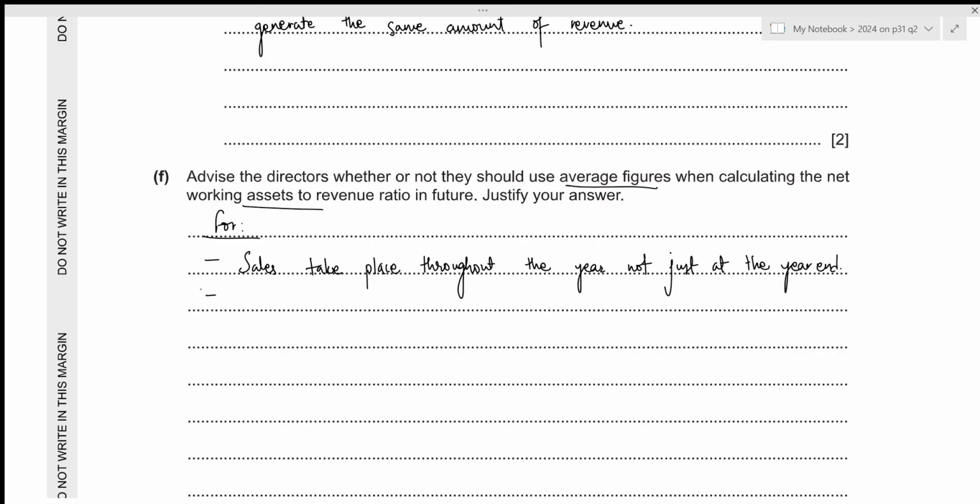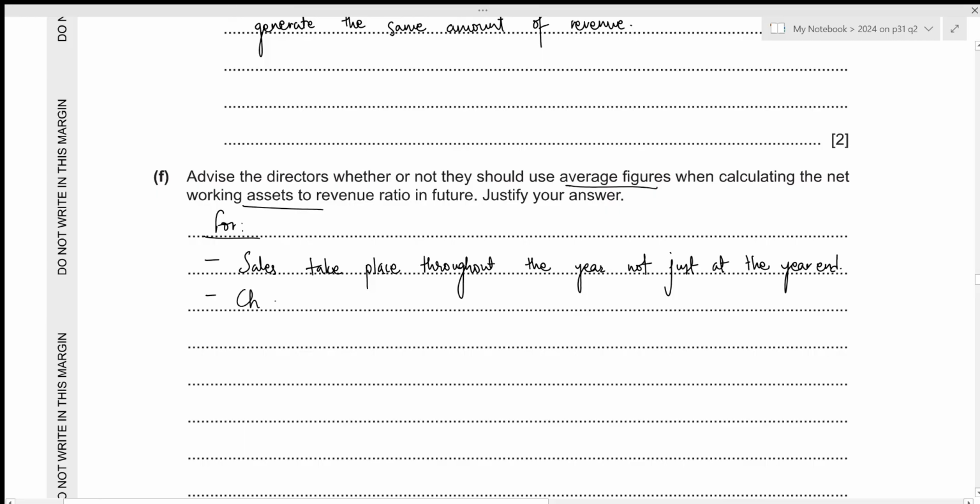Then the second comment would be that if we use the closing balance of our net working assets, then changes during the end period might have a higher impact. So it might distort the actual result. But if we were to use average figures, then we would be utilizing the figures over the year, and that would smooth out any distortion that took place during the end of the year. Let's write it down.